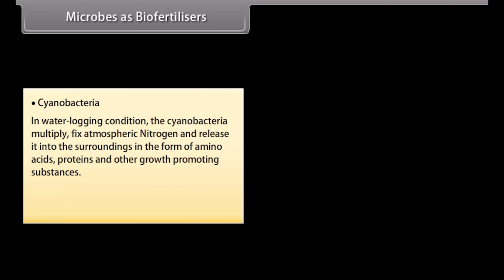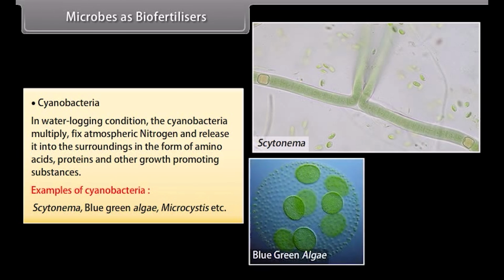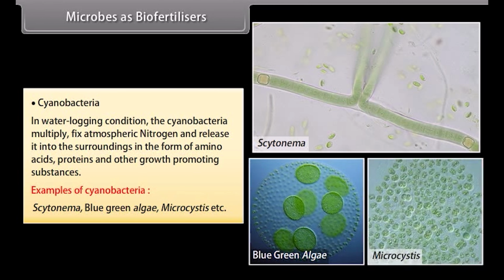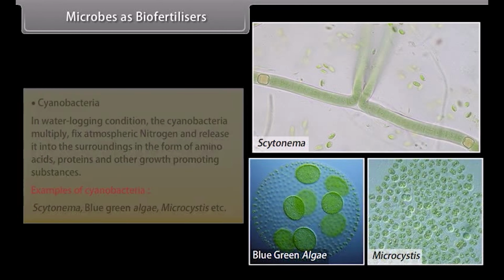In waterlogging condition, the cyanobacteria multiply, fix atmospheric nitrogen and releases it into the surroundings in the form of amino acids, proteins, and other growth-promoting substances. Examples of cyanobacteria: Cytonema, blue-green algae, Microcystis, etc.